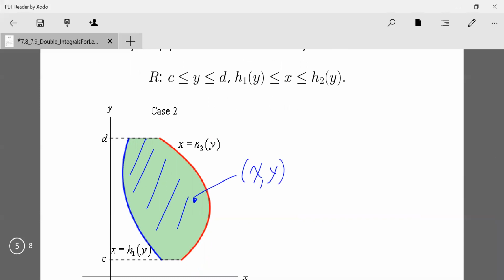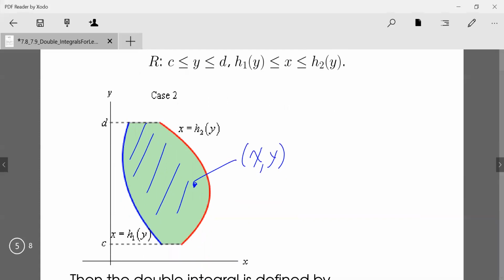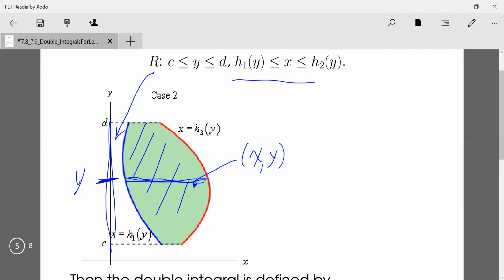Okay. And so here, y is between C and D. Okay, that's the first condition here. Now for every y here, so suppose this is a y between C and D, the cross section here is defined by this.